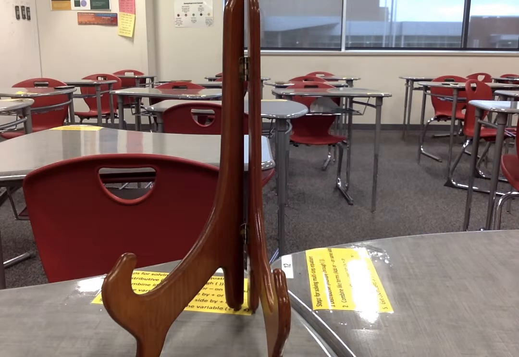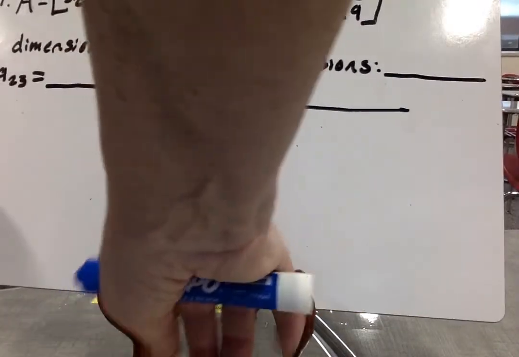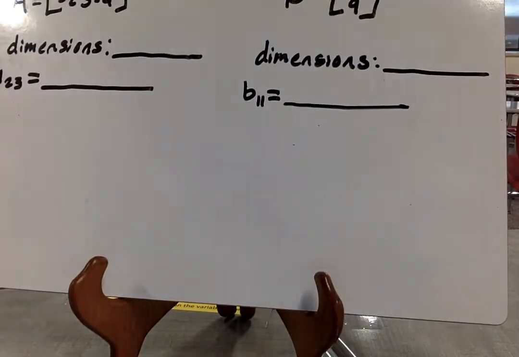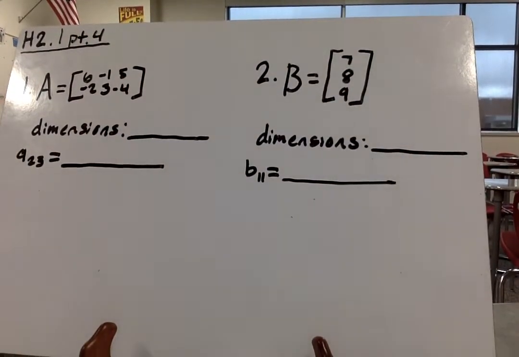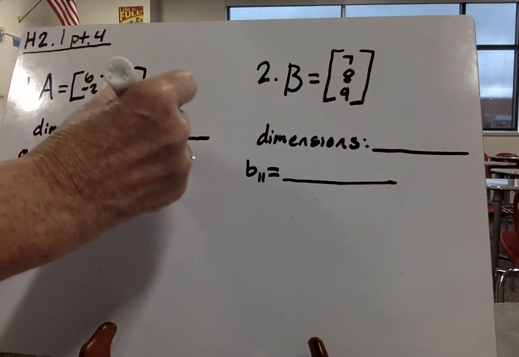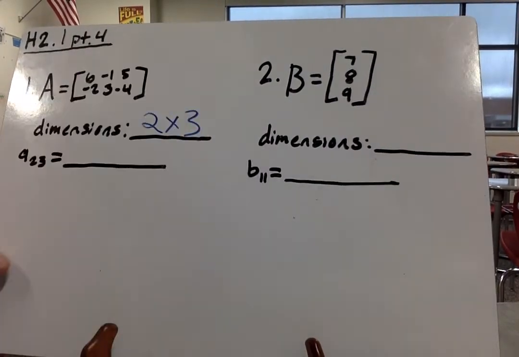Number 1. Okay, so part A, what are the dimensions of that matrix? Again, it's rows first. So we have 2 rows and how many columns? 3.